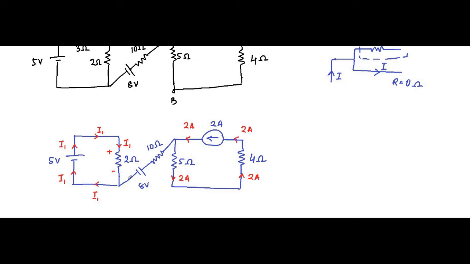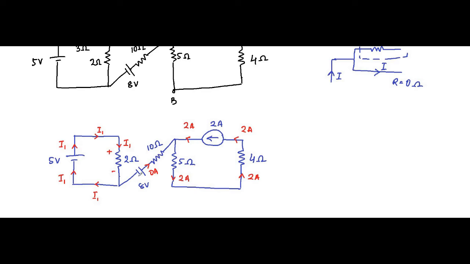Now we have discussed this whole thing in the previous questions also. Here, as there is no closed loop formed involving this 8 volt and 10 ohm resistor, the current will be 0 ampere. See, here I1 is being supplied from this 5 volt source, flowing away from the positive terminal, and the same I1 has to flow into it. Here also from this 2 ampere current source, 2 ampere is flowing out and the same 2 ampere has to flow in.